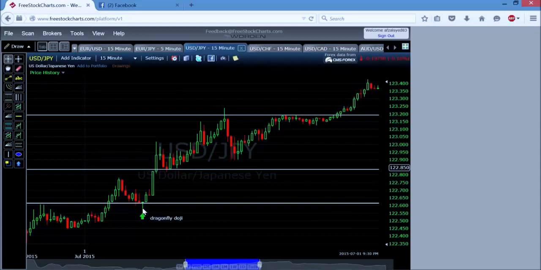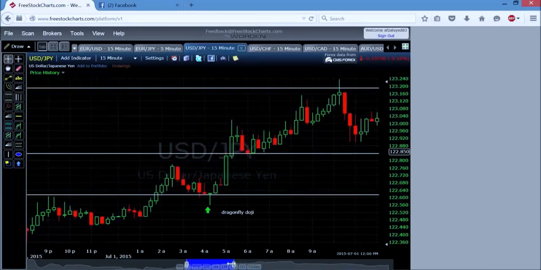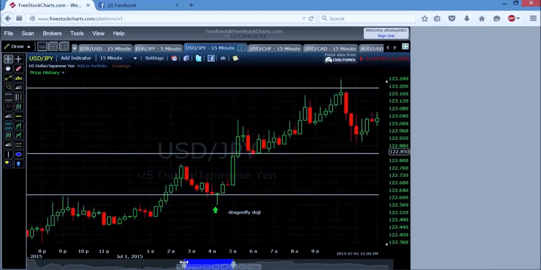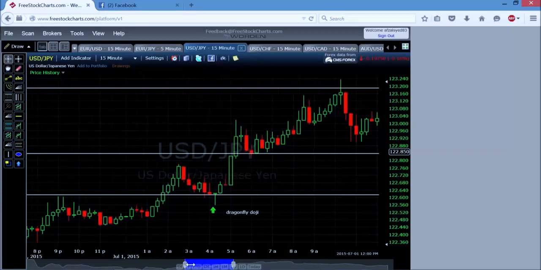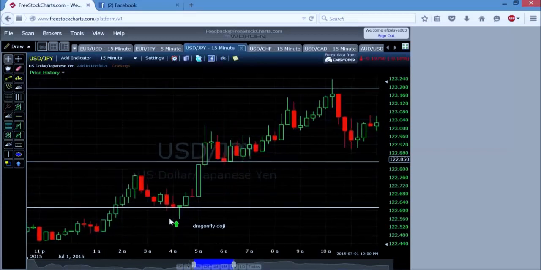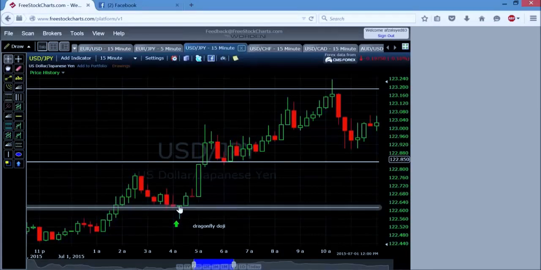This is a dragonfly doji. I'm gonna zoom in a little bit. Yeah, here it is. So this is again sitting on a nice support. This is the same support that we were following, right? So see this, beautiful, which means that there is so much pressure from the bulls that the price pushed up and it maintained the support, right?